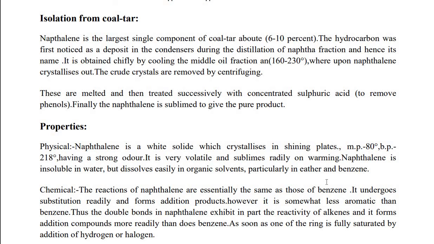It is obtained chiefly by cooling the middle oil fractions at 160 to 230 degrees Celsius, whereupon the naphthalene crystallizes out. The crude crystals are removed by centrifuging. These are melted and then treated successively with concentrated sulfuric acid to remove phenols. And finally, naphthalene is sublimed to give the pure product.